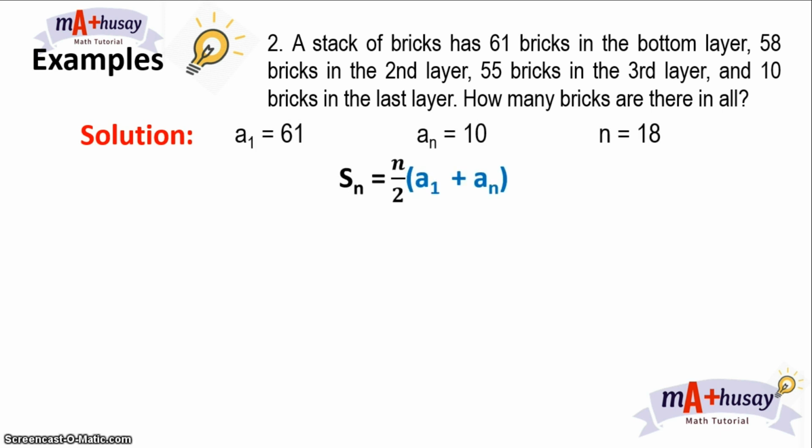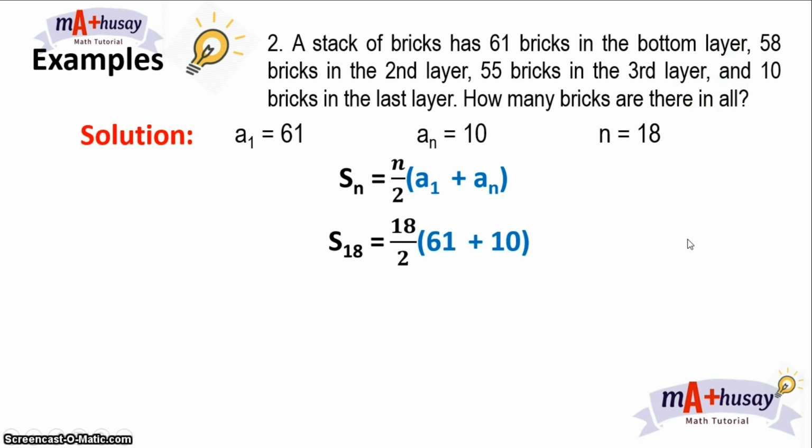S sub n equals n over 2 times the quantity of the sum of the first and last term. So, substituting these values, we have S sub 18 equals 18 over 2 times the quantity. So, we know that the first term of the sequence is 61 and the last term is 10.